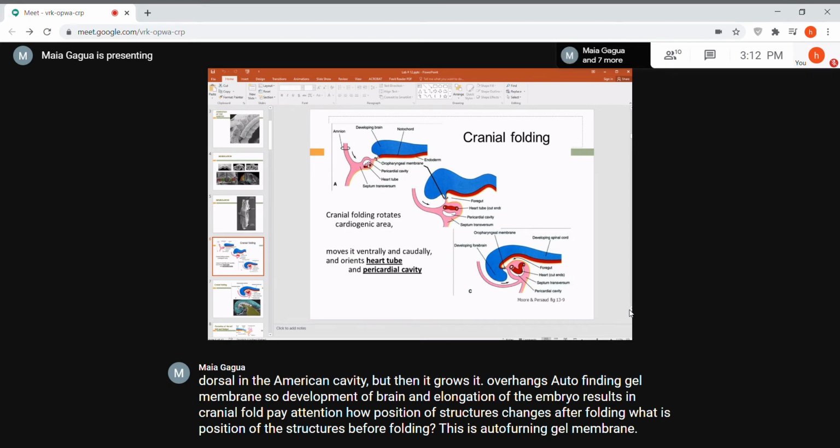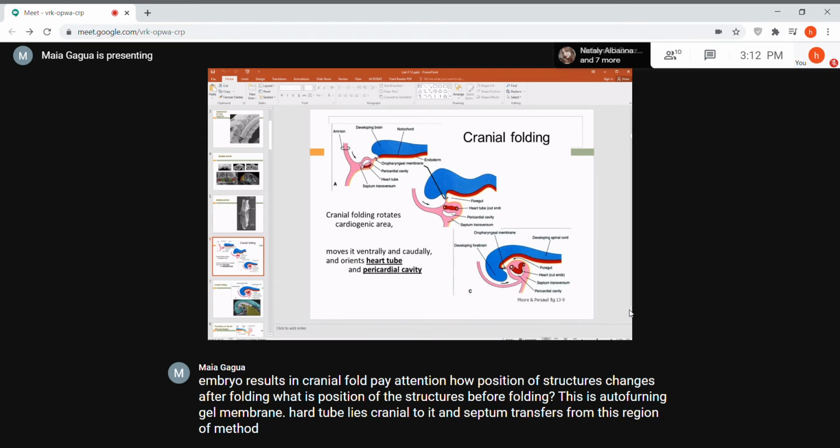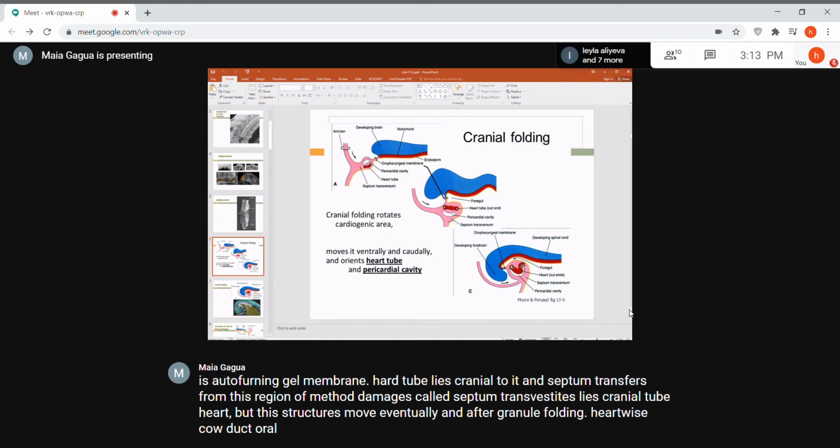Heart tube lies cranial to it, and septum transversum, this region of mesoderm, which is called septum transversum, lies cranial to heart, but these structures move ventrally. And after cranial folding, heart lies caudal to oropharyngeal membrane, and septum transversum lies caudal to the heart.